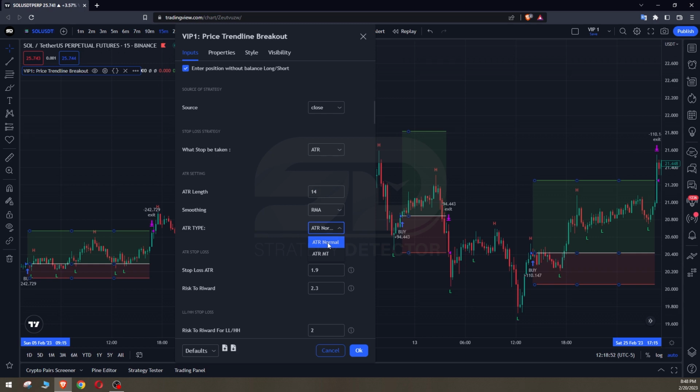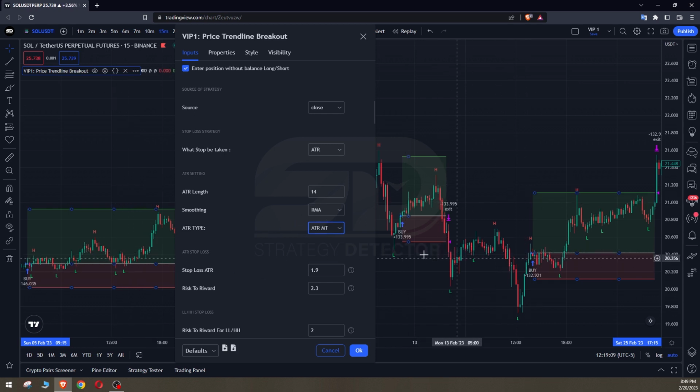Normal ATR is only the ATR of this time frame that we are already in, but the MT ATR is the multi-time frame ATR, and it uses multiple time frames to calculate the ATR of candles. You can choose each of these types of ATR and use it to take positions.